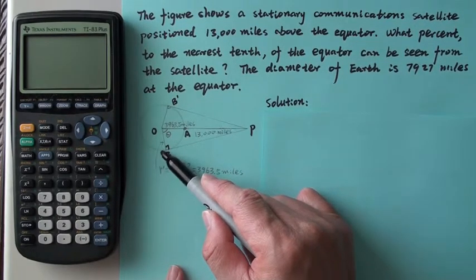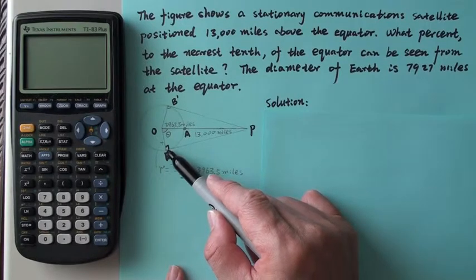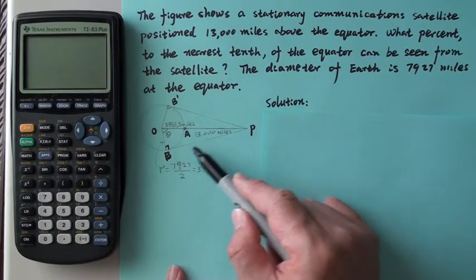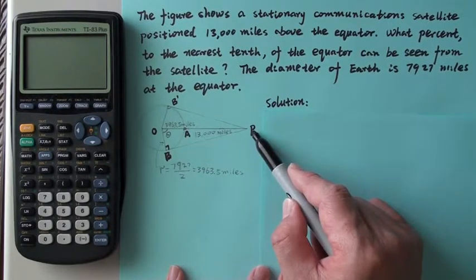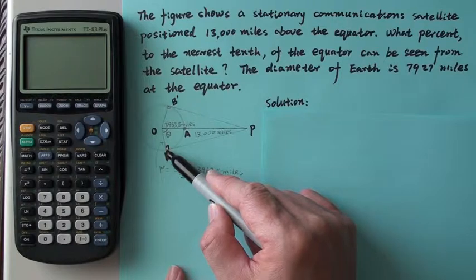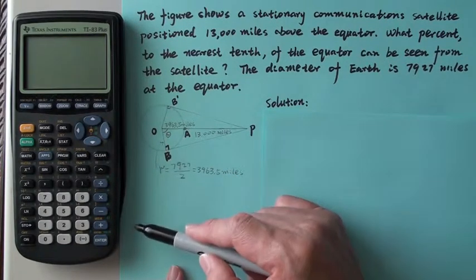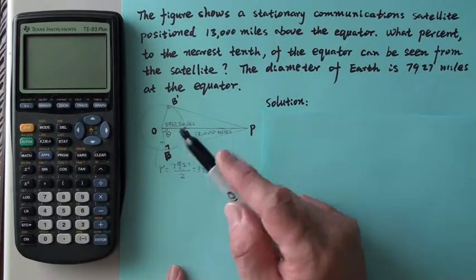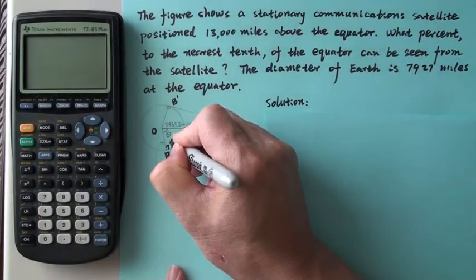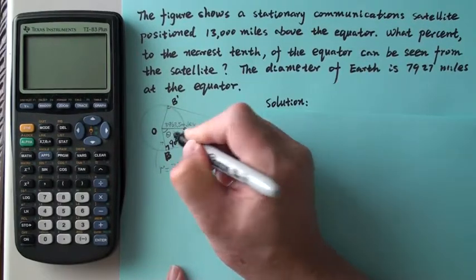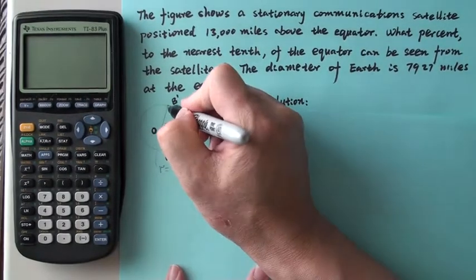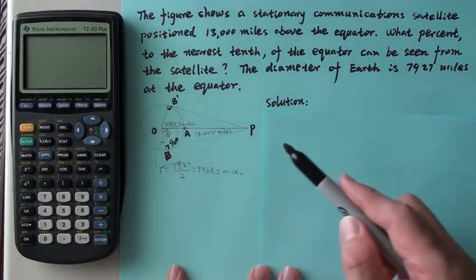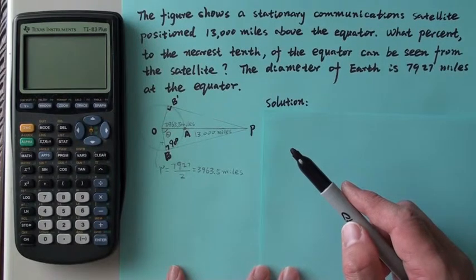If you go further than this point, you cannot see the point. If you go further to this side, then all the points can be seen from the satellite. And this B is the tangent point. So here is 90 degrees. I can mark it here. That's very important. Then the triangle PBO will be a right triangle.